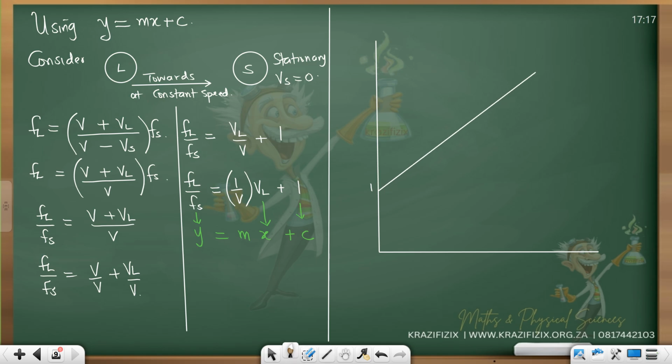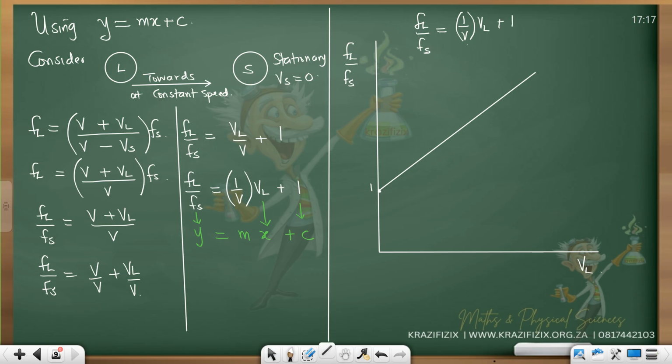On the x-axis I'll have VL, and on the y-axis FL over Fs. The intercept is 1. The equation of this graph would simply be FL over Fs equals 1 over V times VL.